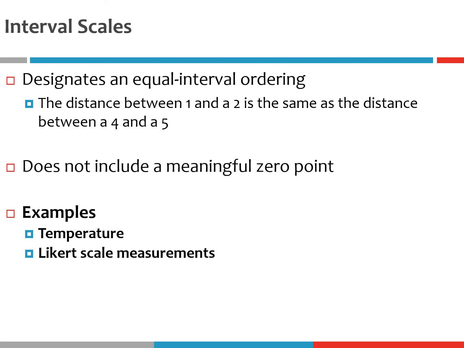And similarly, if I were to ask people to rate their confidence on a Likert scale from 1 to 5, the distance between 2 and 3 is going to be identical to the distance between 4 and 5. But there's nowhere on the scale where they can indicate an absence of the variable. So there's no meaningful 0 point here.